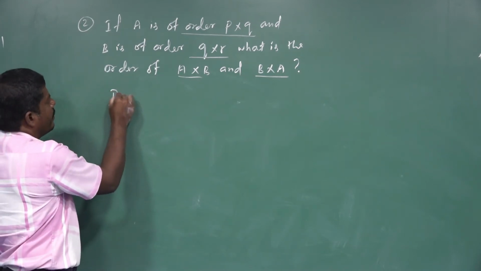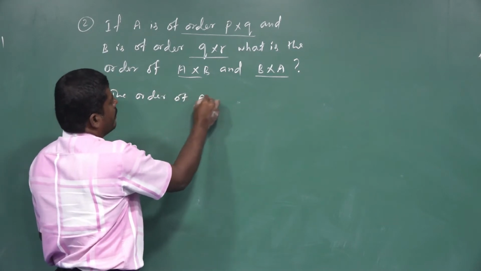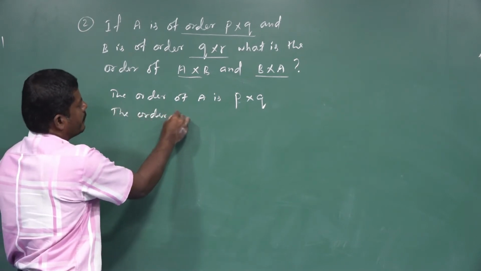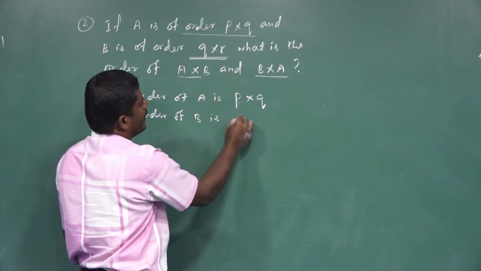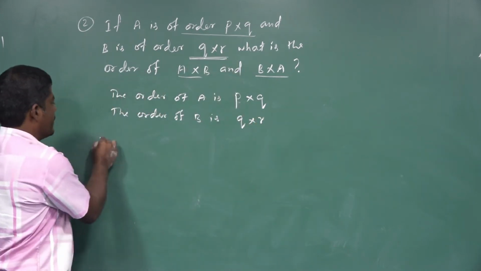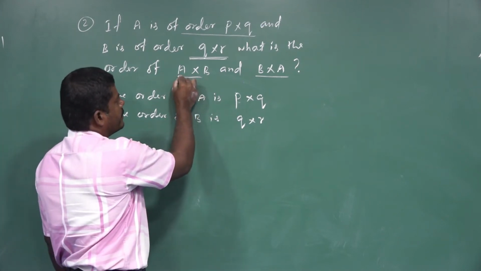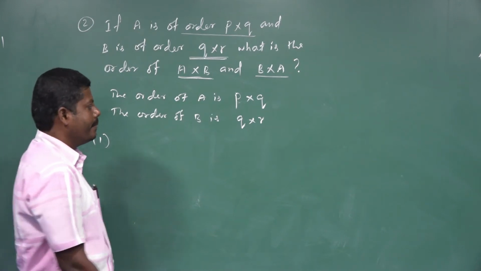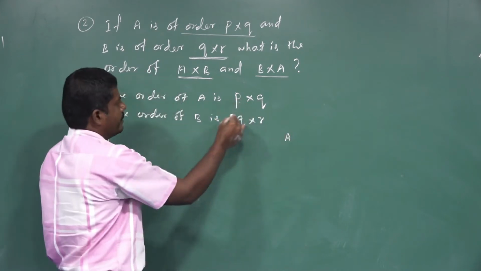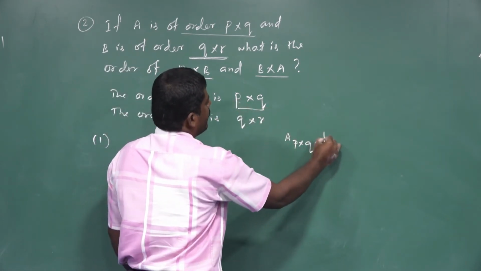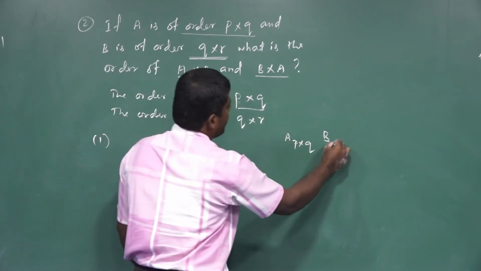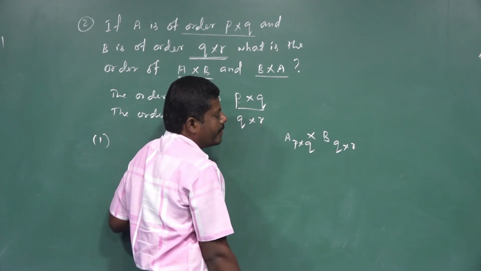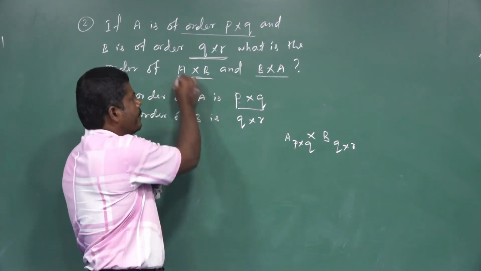So given that the order of A is P by Q and the order of B is Q by R. Now we want to find out the order of A multiply B. So A is in the order of P by Q. B is in the order of Q by R. So we are going to multiply both the matrices. We want to find out the order of AB.